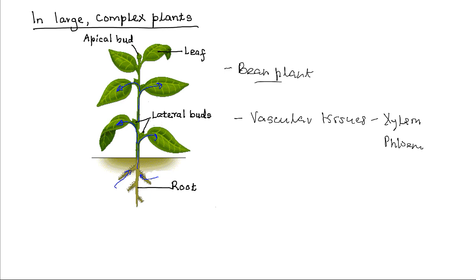On the other hand, manufactured food substances that are soluble are transported through the specialized phloem from the leaves where they are made to the other parts of the plant where they will be utilized. So these large complex plants, because of their relatively small surface area to volume ratio, require specialized structures for transport.